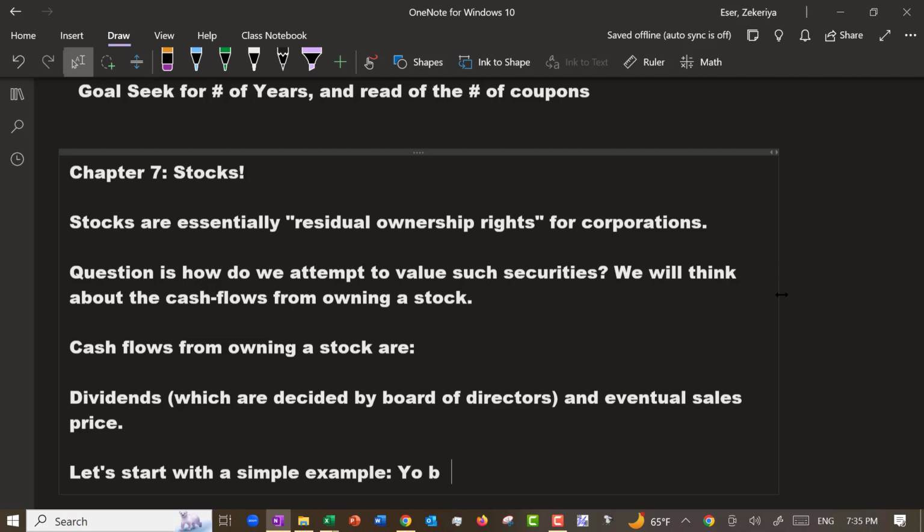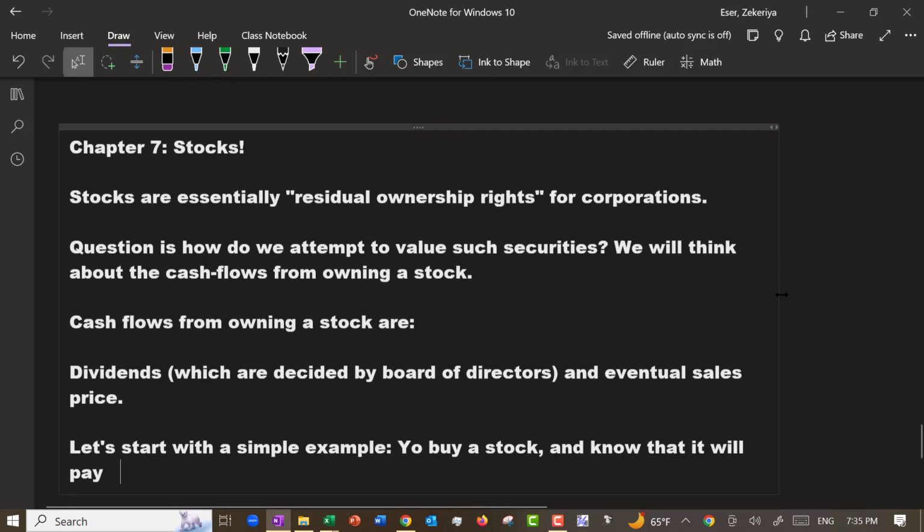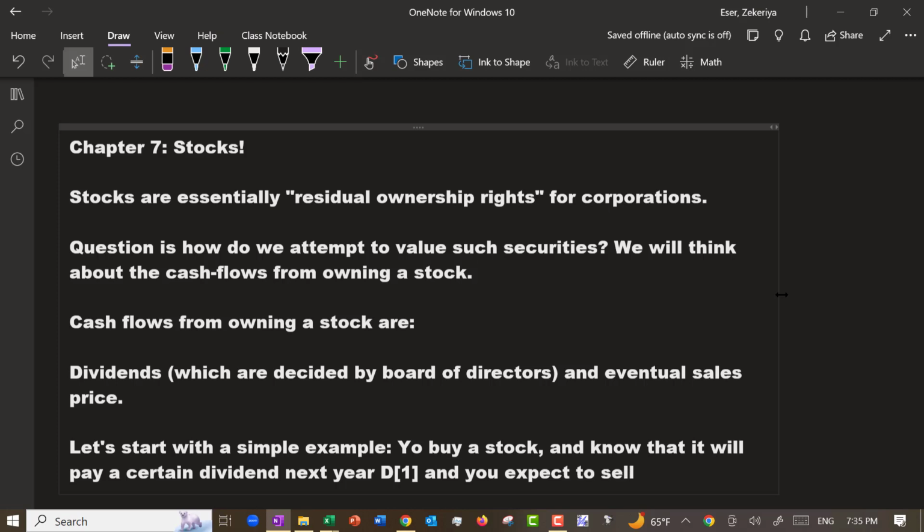If we knew what those numbers were, and for next year's dividend, that's not much of a stretch. Firms tend to announce what their dividends are going to be well in advance. Not 10 years ahead of time, but at least over the next year or two, you have a pretty good idea of what those dividends are going to be. But that's not true for the price.